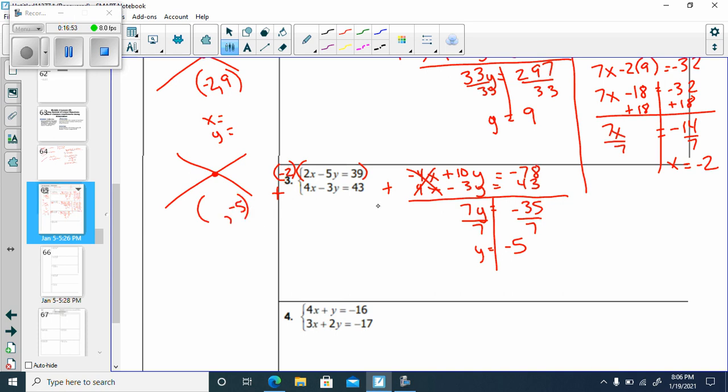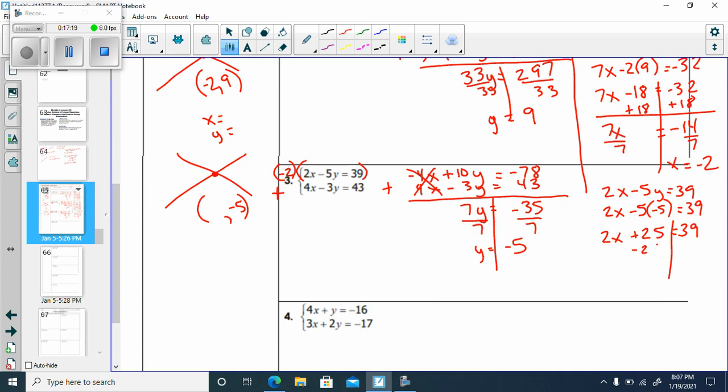Let's go after our x. Doesn't matter which one of these we use. 2x minus 5y equals 39. So we're just substituting this y in so we can get the x value. 2x minus 5 times -5 equals 39. 2x plus 25 equals 39.